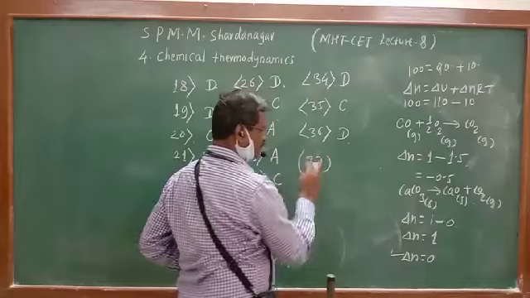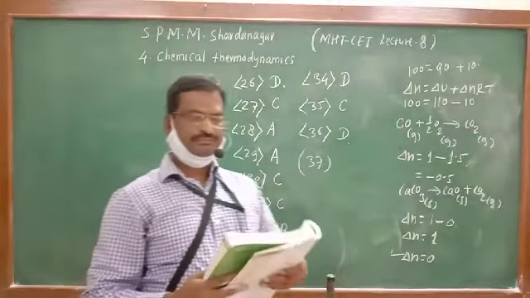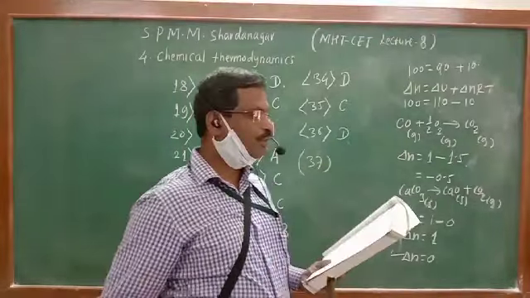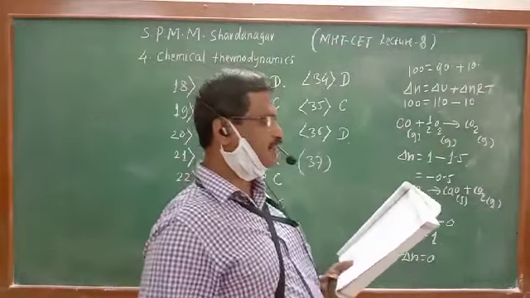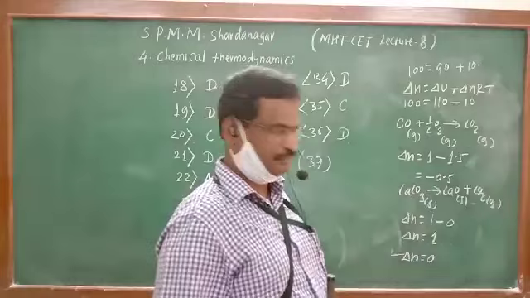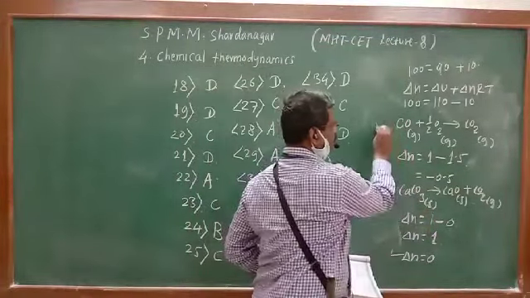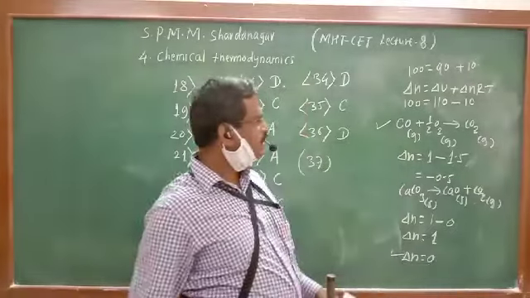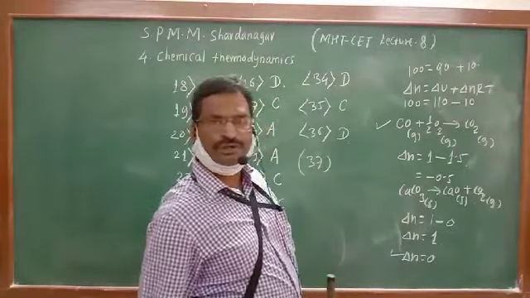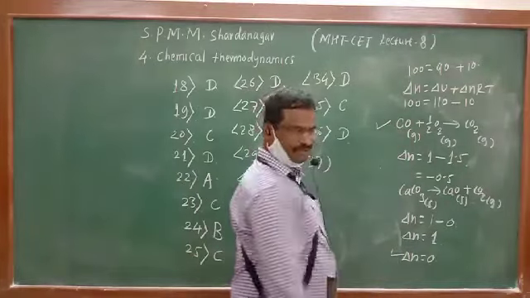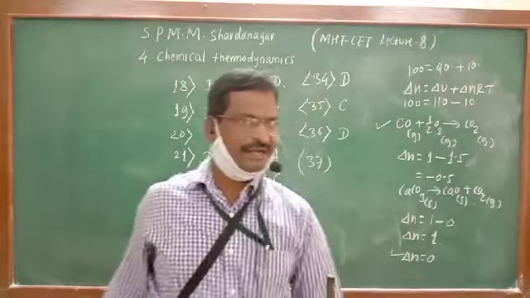See one more question, 37. At constant temperature and pressure, which of the following statements is correct for the reaction? They have given this same reaction, CO plus half O2 giving CO2, and for this reaction what is the relation between delta H and delta U?